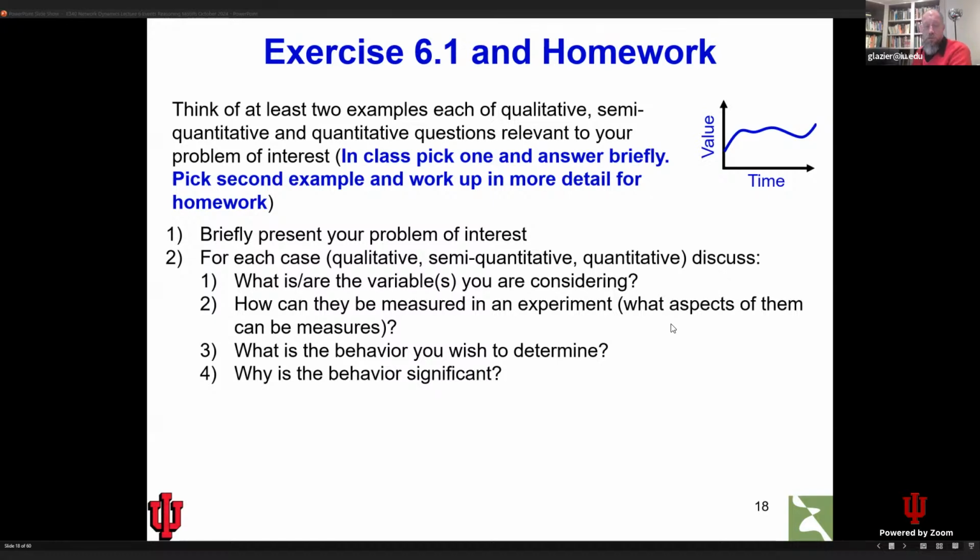I mean, this morning I had to go to the doctor for a blood test, and they draw blood and they'll give me levels. They'll give me the level of cholesterol in my blood and things like that. Those are quantitative. But the level of cholesterol in my blood represents some average of the cholesterol level in my body.